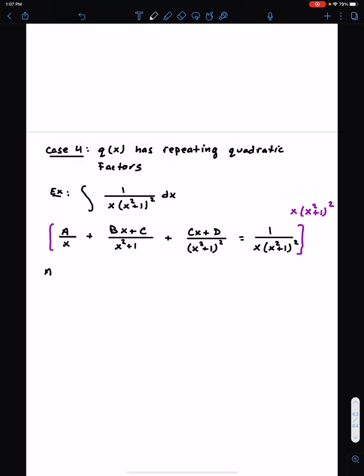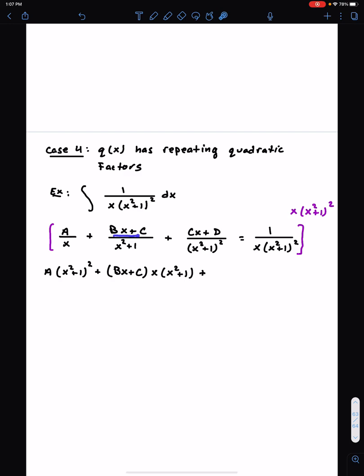So I'm left with a times x squared plus 1 squared plus bx plus c times x times x squared plus 1 plus, there's a typo up here.